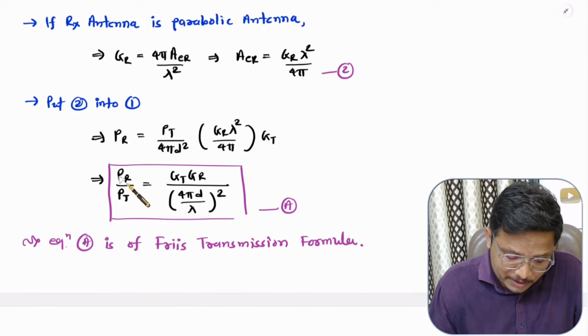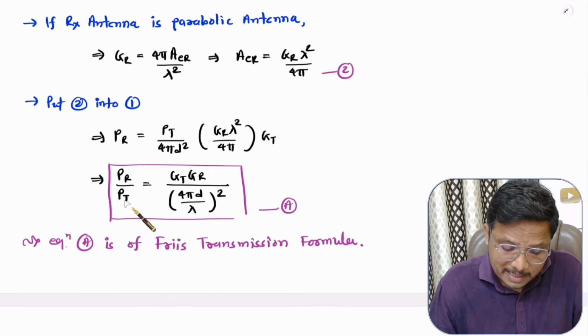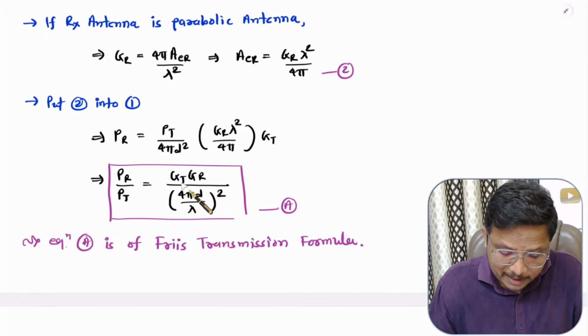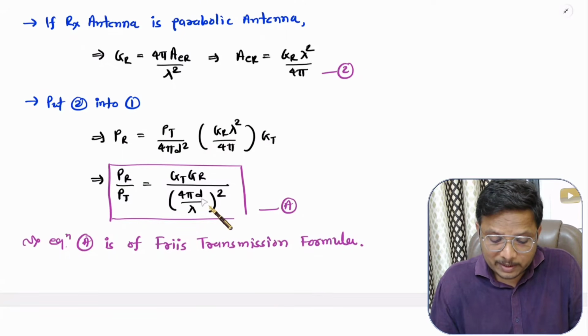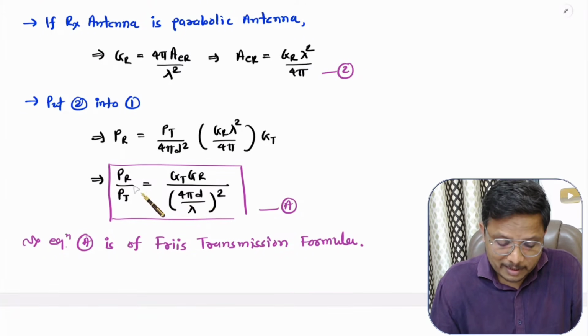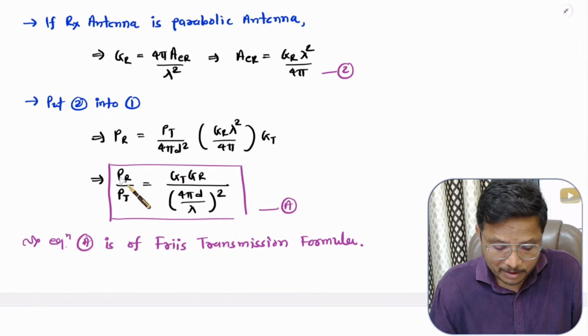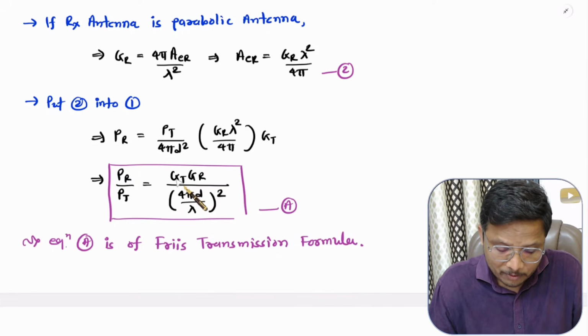This ratio of received power divided by transmitted power is established by the gain of the transmitting antenna and the gain of the receiving antenna divided by (4 pi d by lambda) square. If you increase the distance, you will have lower reception of power. If you have higher gain at the transmitting antenna or at the receiving antenna, then one can receive higher power.